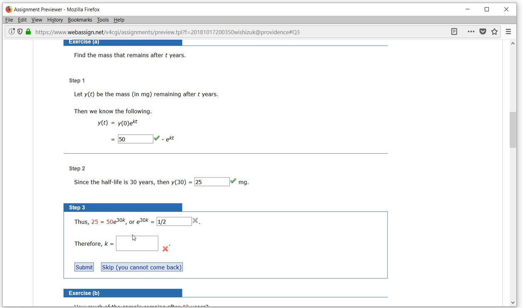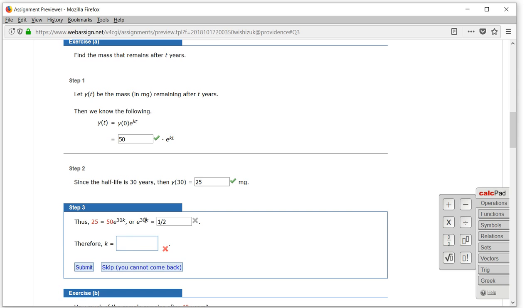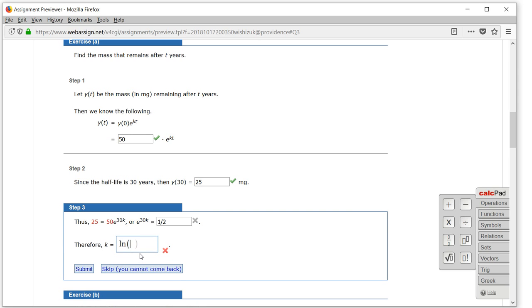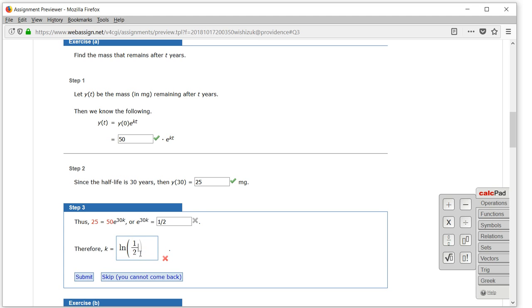So we need to solve for k. We take the natural log of both sides, so you're going to get 30k is equal to the natural log of 1/2.